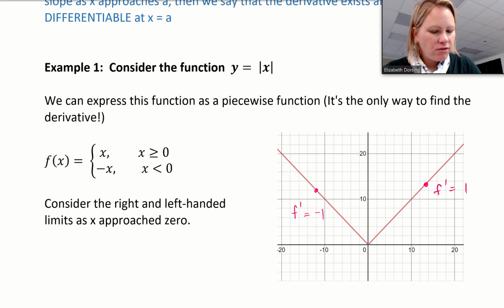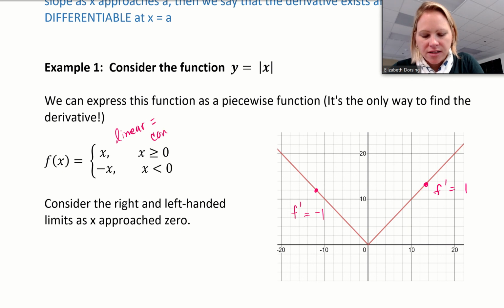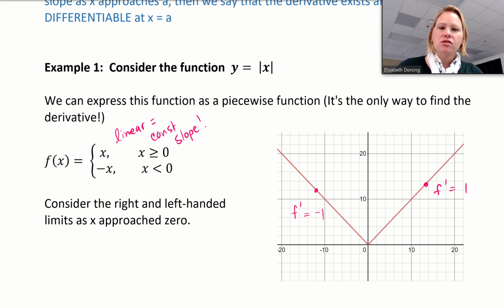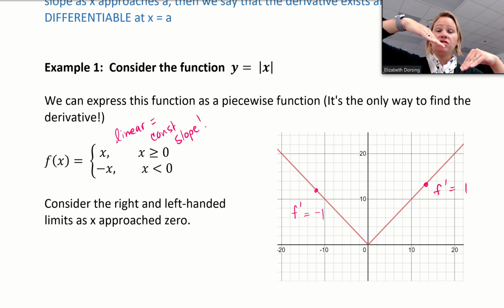The behavior of these linear branches of this piecewise function, remember these are linear, and that means you have a constant slope. So you've got a slope of 1, you've got a slope of negative 1. As soon as we hit 0, remember they have to be approaching the same thing. So when I get to 0, all of a sudden it just flips.